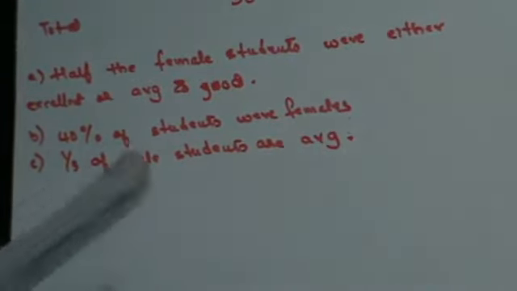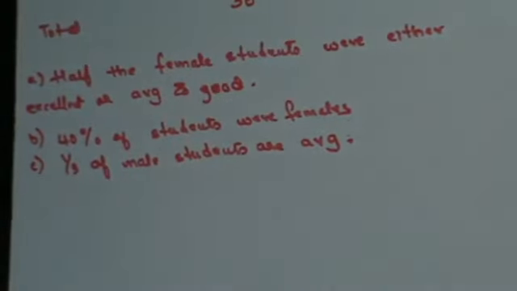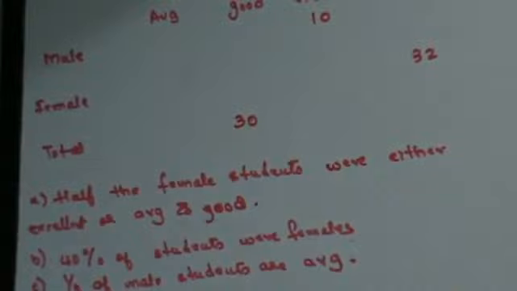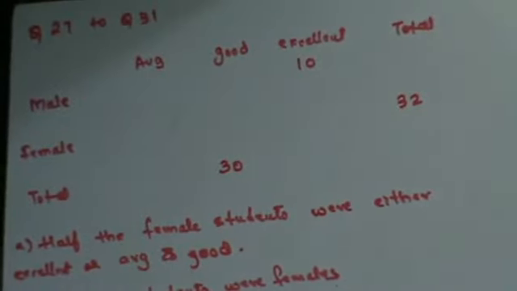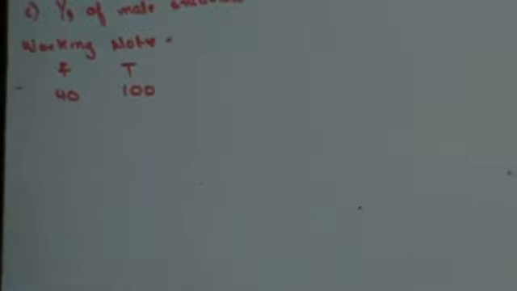Okay, let's see this. I'm going to fill the blanks with a different color. 40% of the students are females. If the total was 100%, 40% are females.